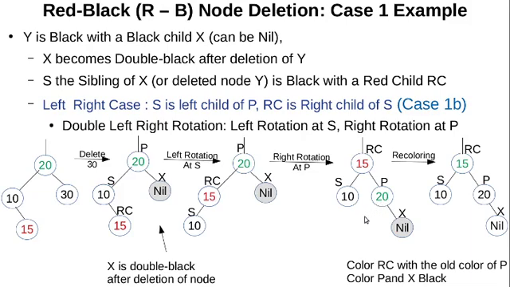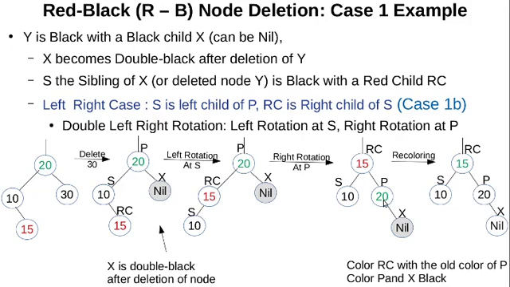After the rotation, we carry out recoloring of nodes to reduce the blackness of the double black node X. We color RC with the old color of P. This ensures the same color of the subtree root as earlier, that is before the rotation.